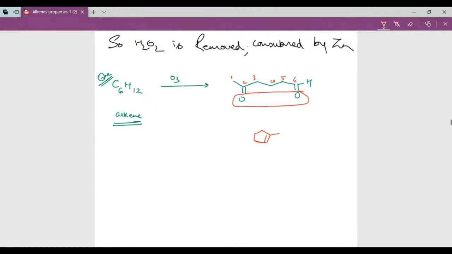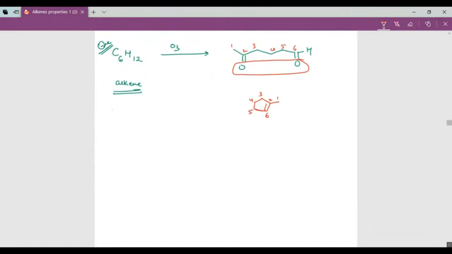Carbons 2 and 6 seem to be bonded: 1, 2, 3, 4, 5, 6, like this. If the same question had said that the product is this compound, then your answer would be cyclohexene.